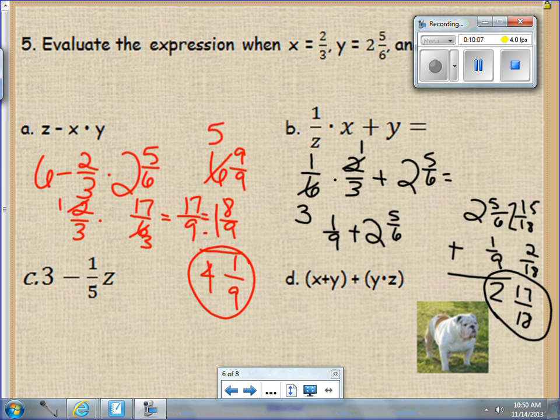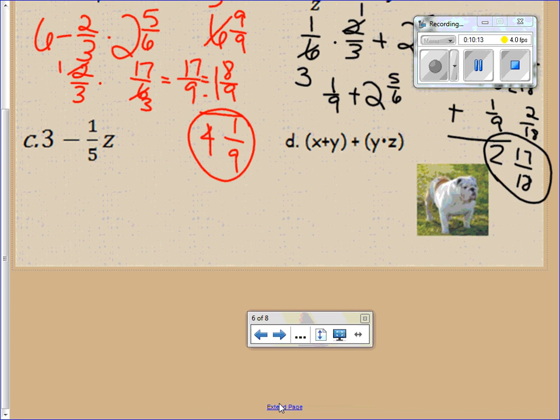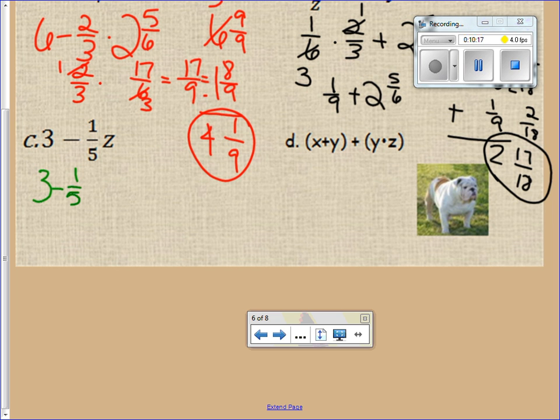Okay, in C, we have 3 minus 1/5 times Z. Our Z is 6, so I'm going to put it over 1. Order of operations, I'm going to multiply first. 1 times 6 is 6 over 5.